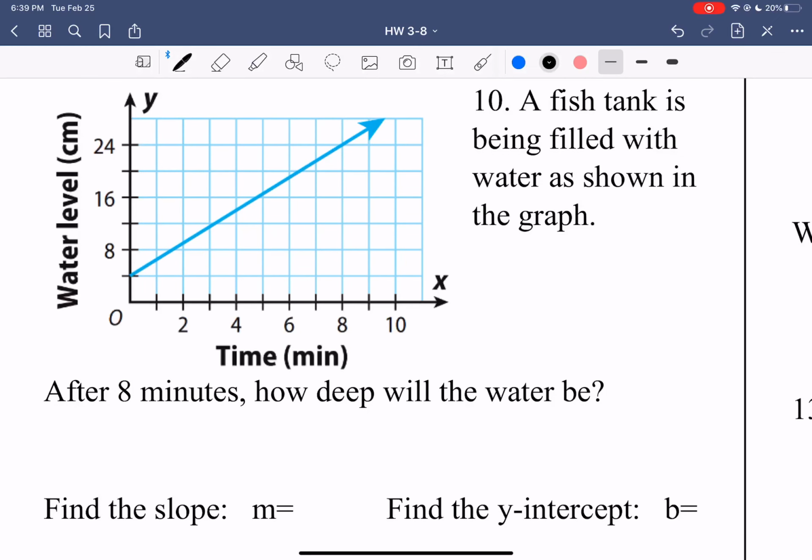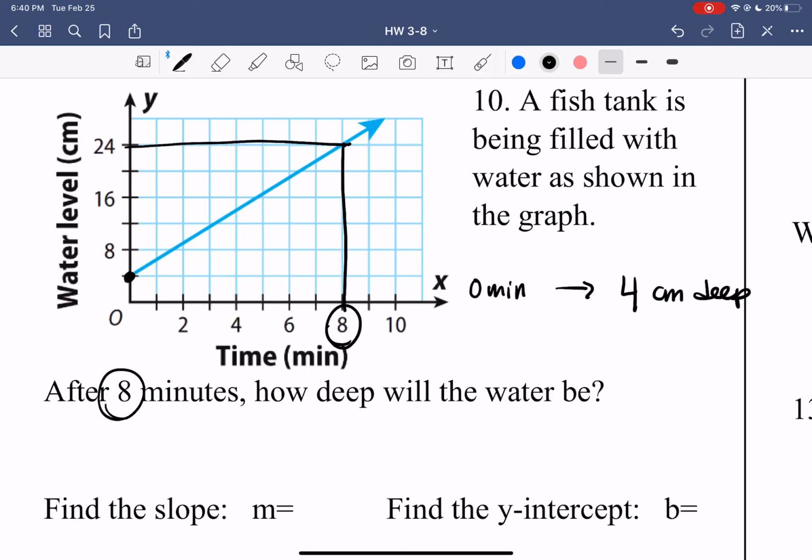So right here, it shows that at 0 minutes, it will be 4 centimeters deep. So if we want to look at 8 minutes, how deep will our water be? At 8 minutes, we have 24 centimeters deep.